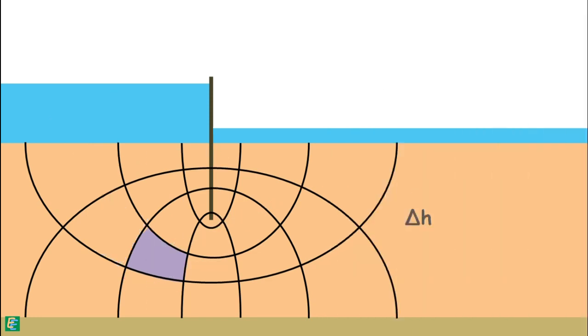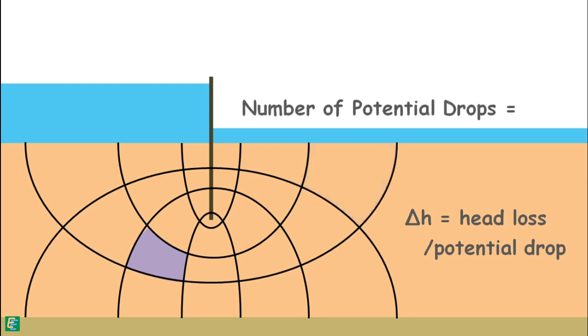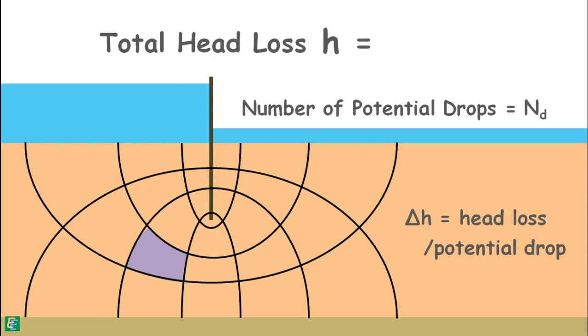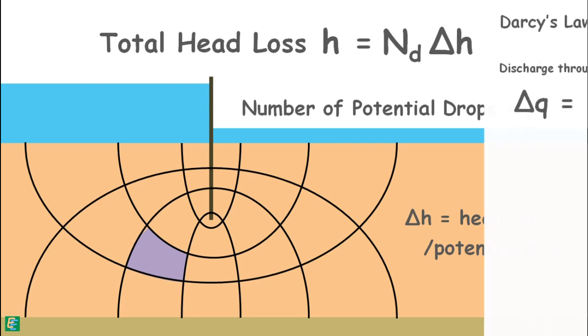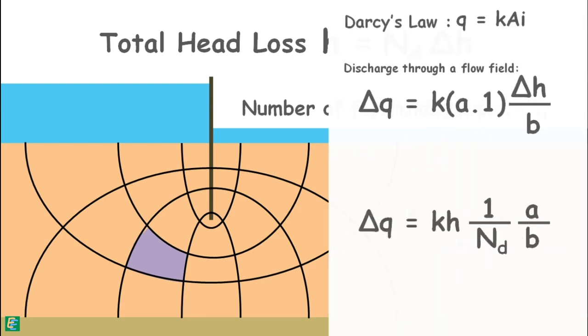Now, delta H is the head loss through this flow field, or we can say the drop of head or potential drop through this field is delta H. And let's say there are a number of such potential drops, ND. Then the total potential drop or head loss through this whole flow channel is ND times delta H. Let's substitute this in the equation to find the discharge through one flow channel.